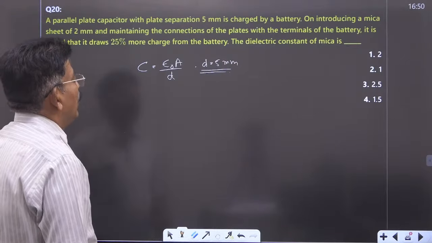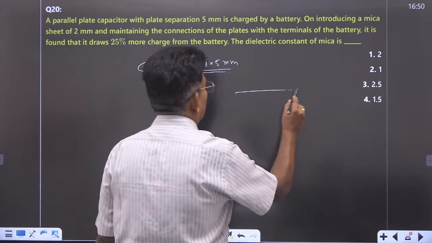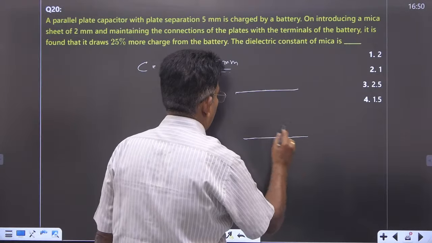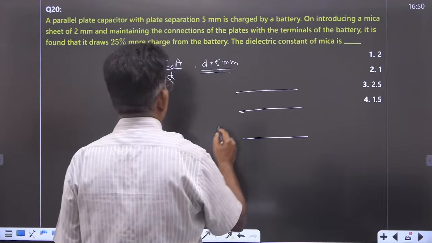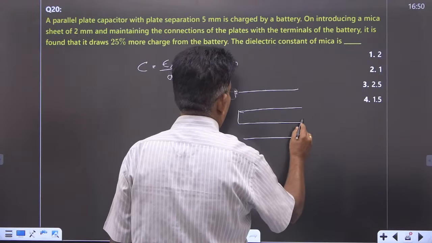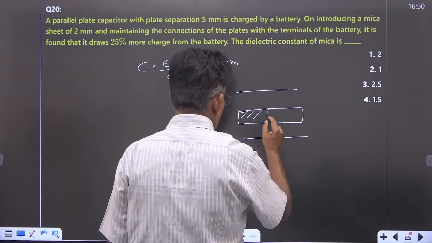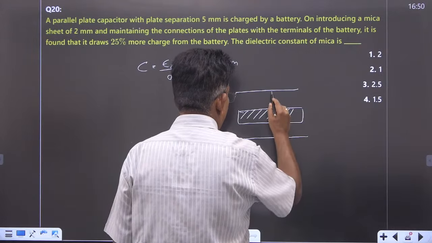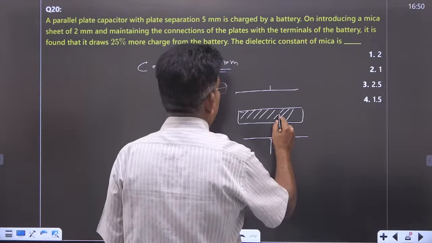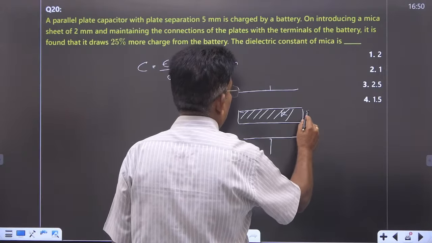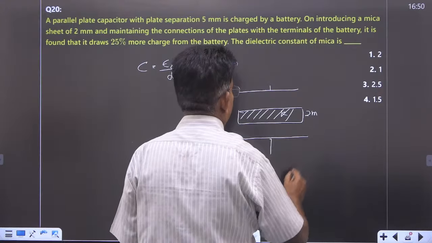Then, when you are introducing a dielectric slab of how much thickness? 2 millimeter. This is a dielectric of dielectric constant K, 2 millimeter.